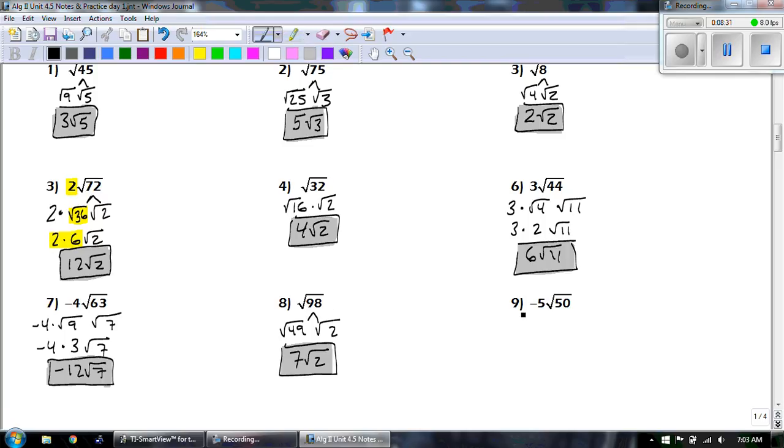All right, so we got that negative 5. The negative 5 goes out front, and 50 breaks up into, I just said it, 25 and 2. So some of these you might be able to recognize right off the bat. The square root of 25 is 5, and negative 5 times 5 is negative 25.